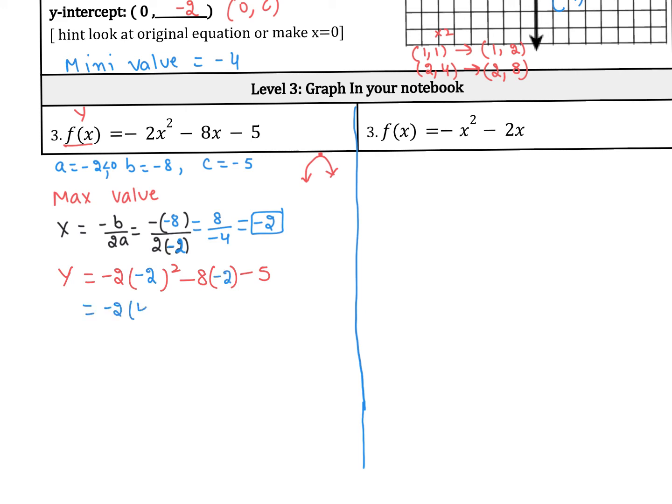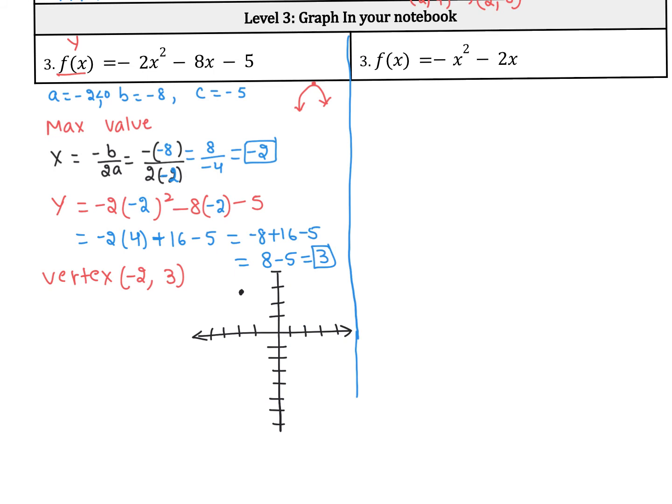Negative 2 times positive 4 plus 16 minus 5, and that's going to be negative 8 plus 16 minus 5, and that's 8 minus 5 is 3. So the vertex is going to be x value negative 2, y value 3.